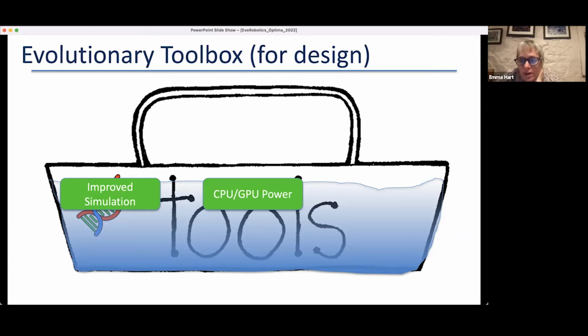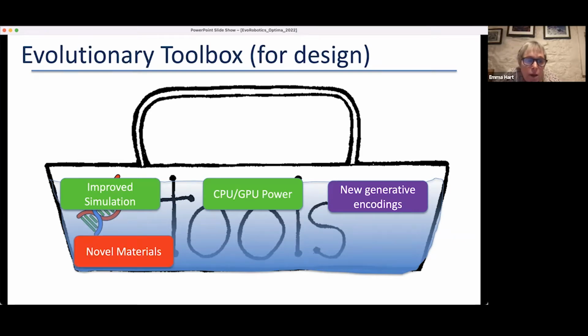It's obviously massively improved by the amount of CPU or GPU power we have at our disposal. It's really been helped by some advances in the theory of evolutionary computation, in some new encodings that allow you to come up with more imaginative things. And I'll talk about some of these later on.